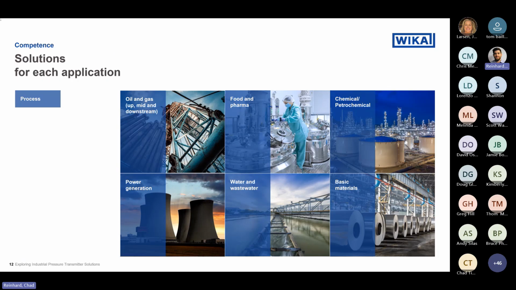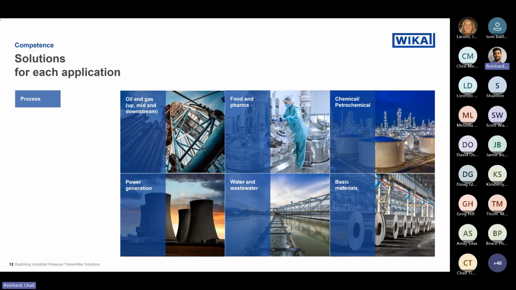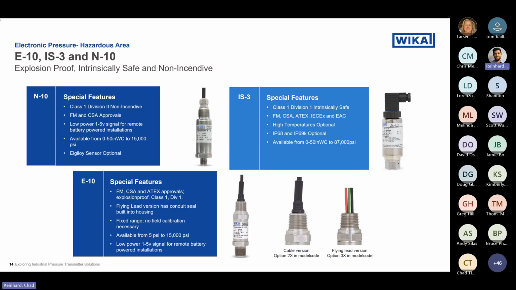On the process side, we covered the industrial applications a bit. I introduced myself as the industrial guy, but I do have the hazardous suite products that go into oil and gas applications. So again, any of these are what we consider process, but these specifically are what I call my hazardous suites.